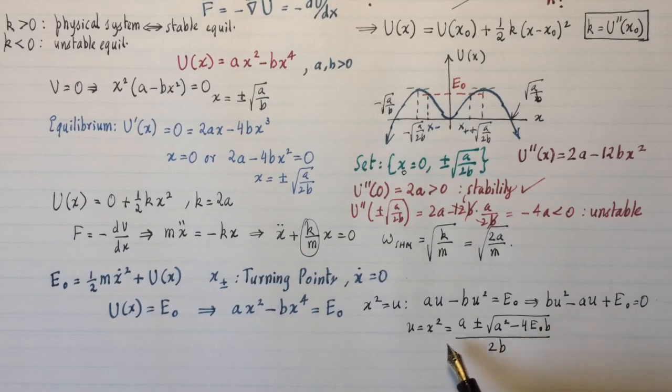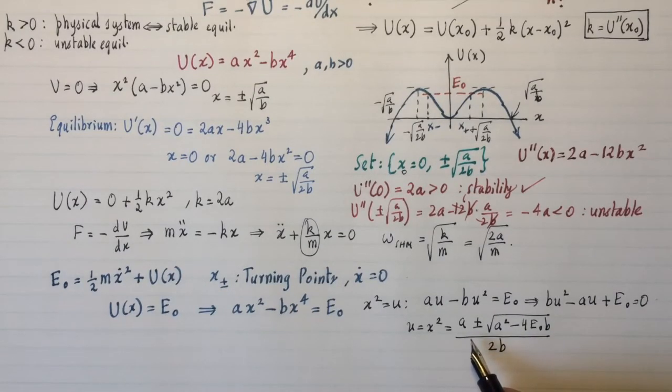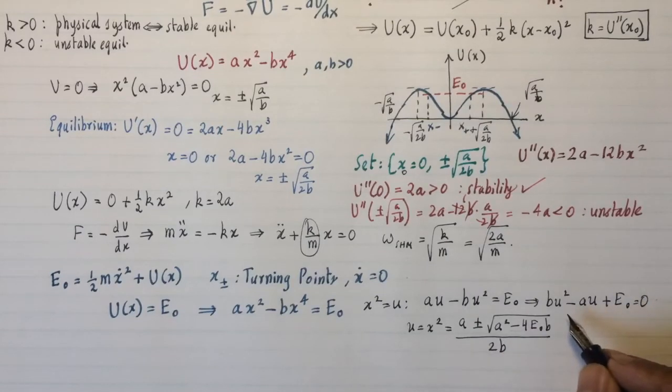Now we require that x squared must always be bigger than 0. So what we can do here, this is certainly bigger than 0, smaller than a squared, so both solutions are allowed. But since x squared is bigger than 0, when I take the square root, I only keep the plus. Actually, wait a minute, I think I made a mistake here.